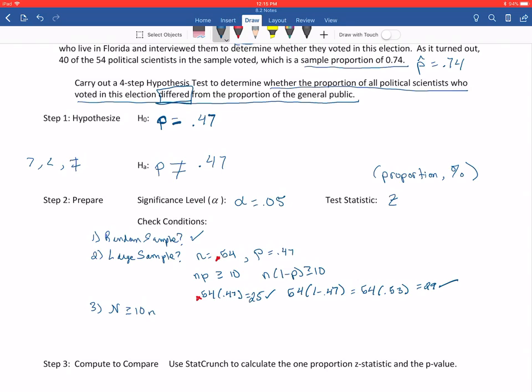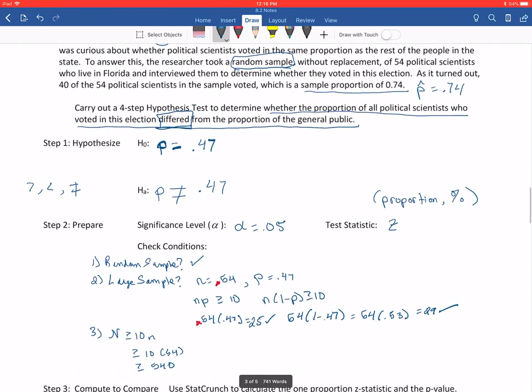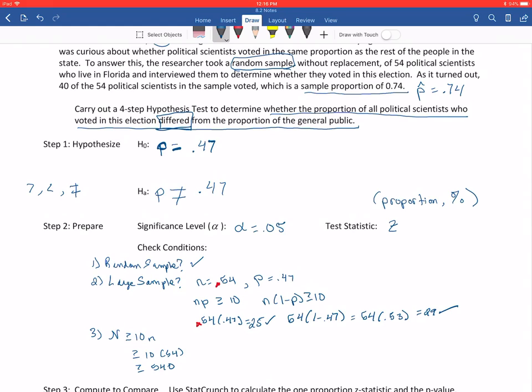The third is, is the population big enough? Is it at least 10 times the sample? Well, the sample was 54, so 540. Where was the sample taken from? What was the population it was taken from? It looks to me like the population where he chose these people from was political scientists in Florida. So do you think there are more than 540 political scientists in Florida? I would imagine so.